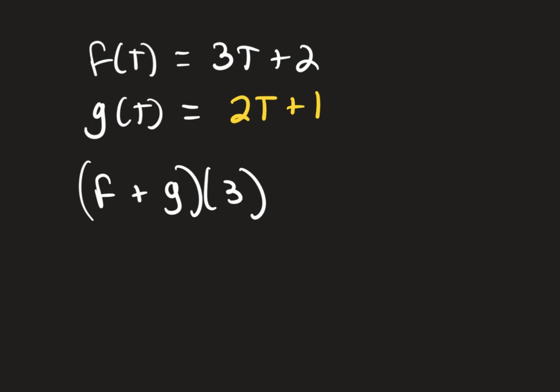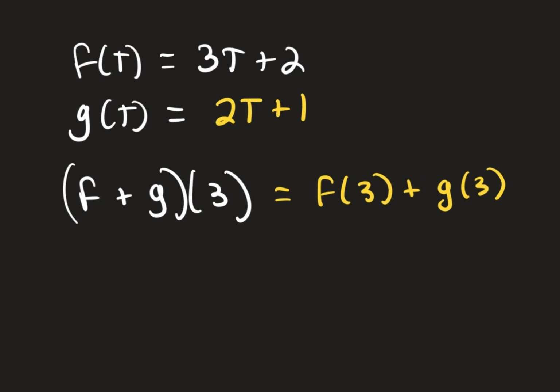So in a sense, if we rewrote this, and we talked about this on Monday, this would be the same thing as f of 3 plus g of 3. Two thoughts in how you do this.